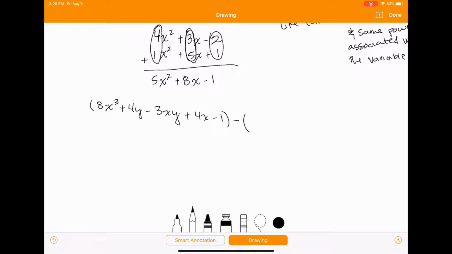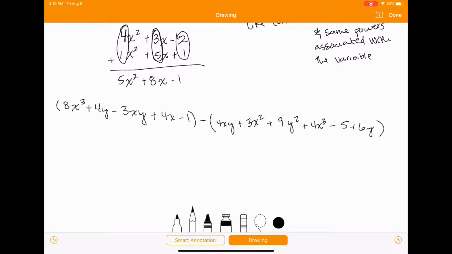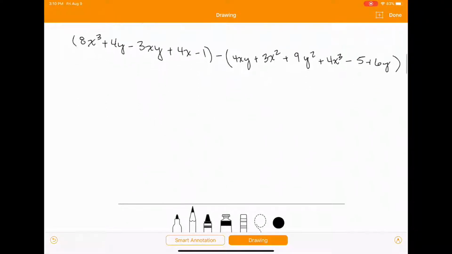And then you want to subtract 4xy plus 3x squared plus 9y squared plus 4x cubed minus 5 plus 6y. And you want to perform that subtraction problem.